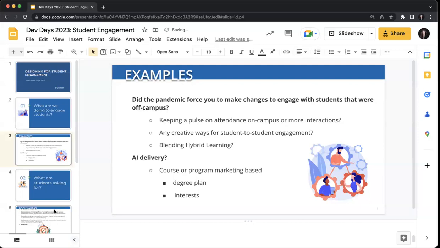And they came to the conclusion that this generation of students is so technology savvy, but at the same time at the expense of interpersonal communication. So sometimes they're more comfortable talking to a screen, a chatbot, rather than reaching out to a specific advisor or faculty member.